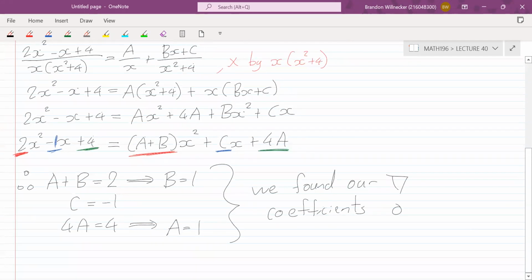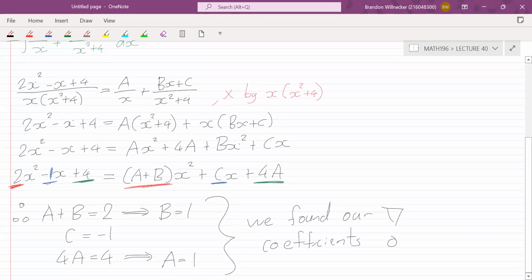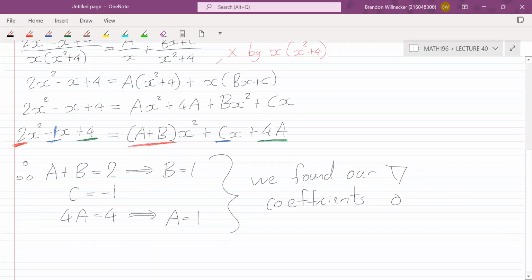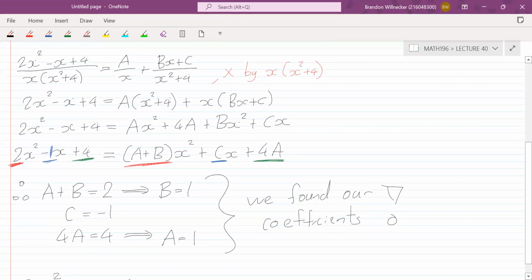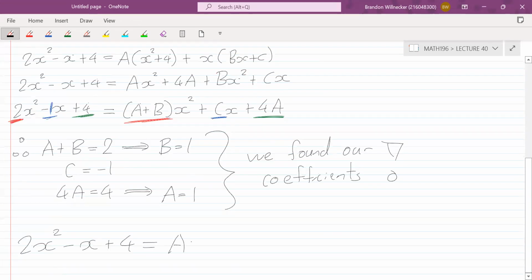So you can use that method to find the coefficients. You expand everything out on the right-hand side, and then you compare the coefficients. There's another method that you can use. Let's say we had 2x² − x + 4 equal to A(x² + 4) + x(Bx + C).